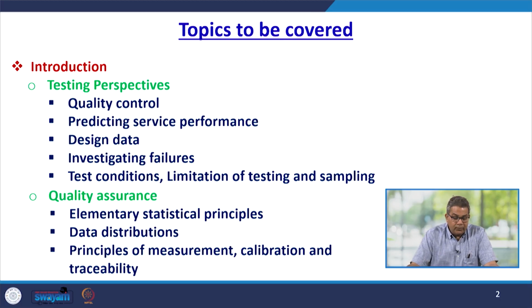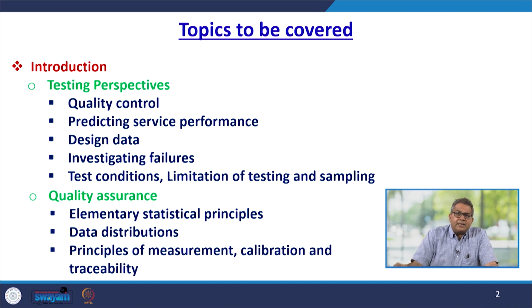So that's why we'll give a brief perspective about that testing, and then how we can ensure the quality. We are going to discuss it. So in this particular segment, we are going to cover a brief introduction, then the testing perspective with respect to quality control, predicting service performance, then we will discuss the design data concept, then investigate failures, then test conditions, limitation of testing and sampling, and quality assurance.